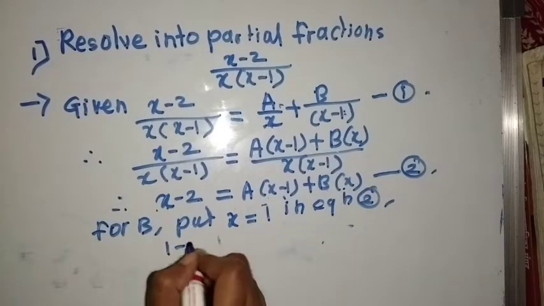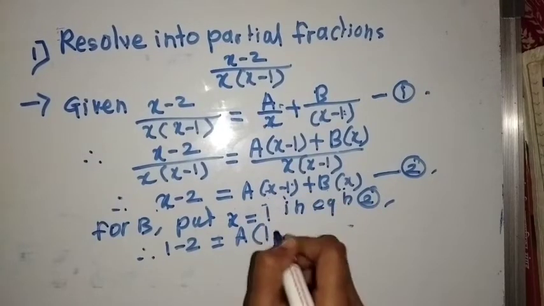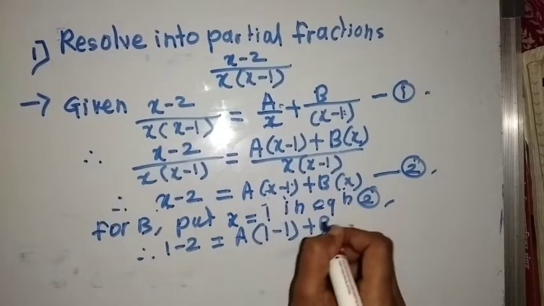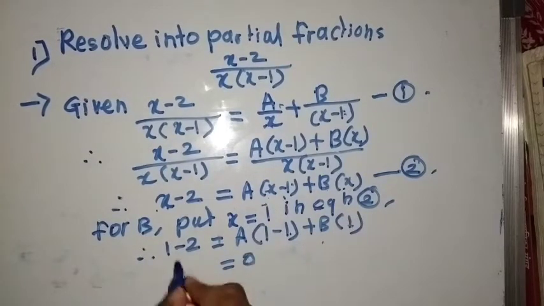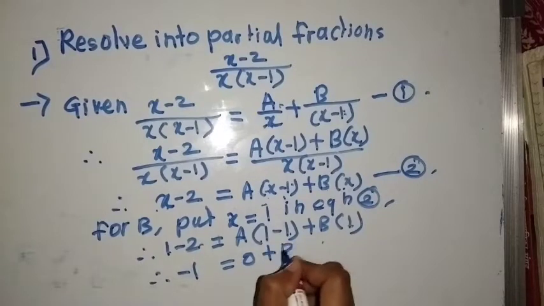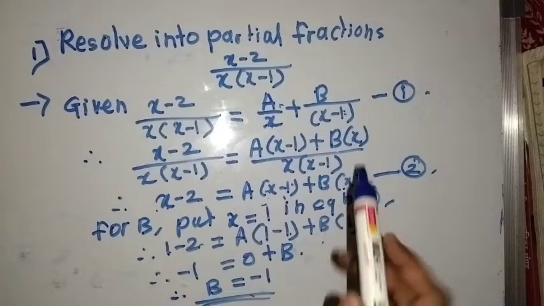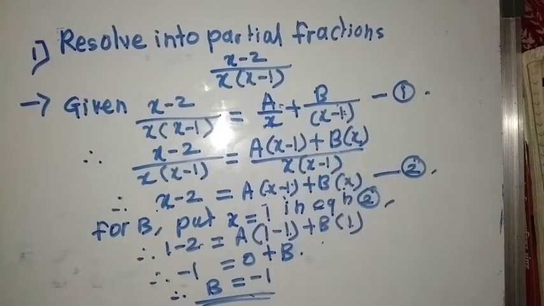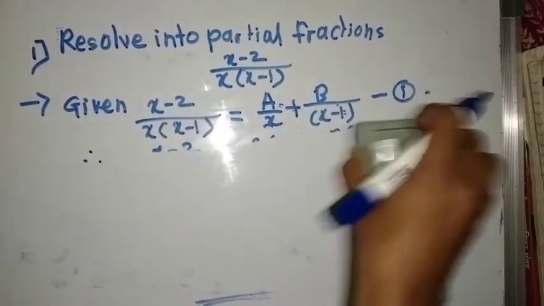So 1 minus 2 is equal to A(1 minus 1) plus B into 1. 1 minus 1 is 0, and 1 minus 2 is minus 1, so minus 1 is equal to B. Hence we get B is equal to minus 1.